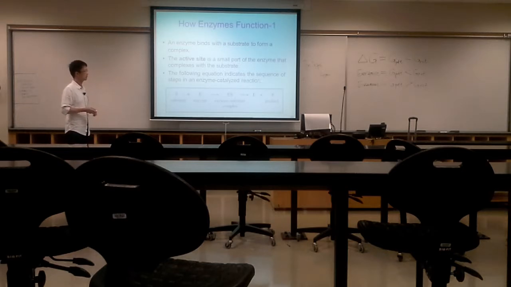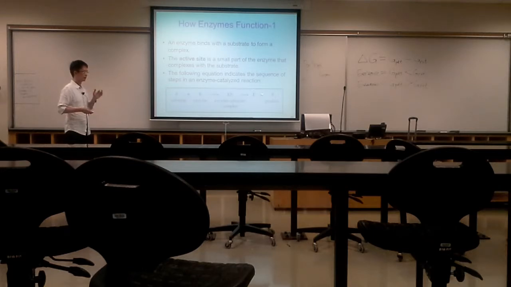So this equation indicates the sequence of steps of an enzyme catalyzed reaction. Substrate, you can assume that it may be the reactant. When the substrate binds to the active site of the enzyme, the substrate and enzyme become this enzyme-substrate complex. And then the enzyme will speed up the reaction of converting the substrate into product. And then the product will be detached from the enzyme active site.